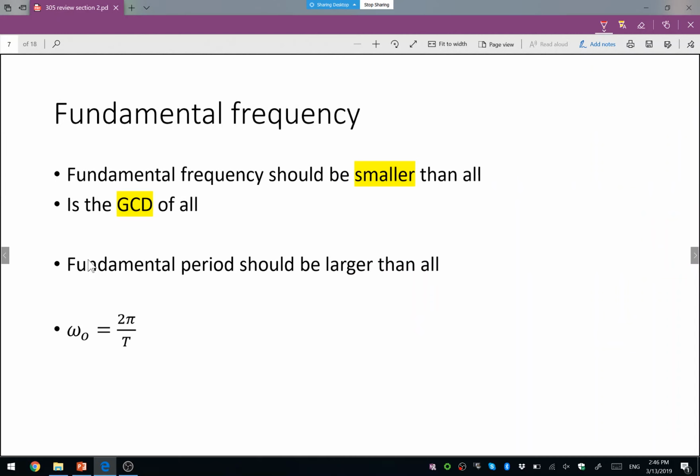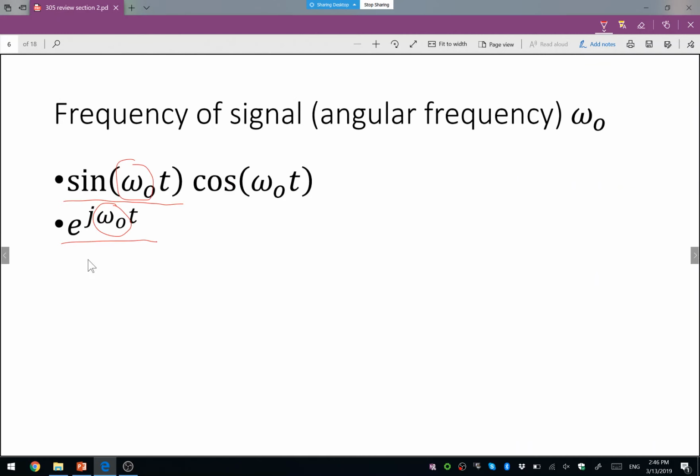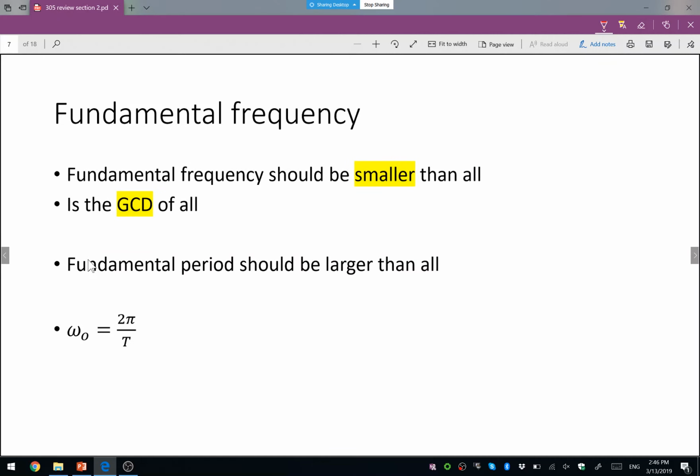And then we come to fundamental frequency. Because most of the time we don't have just one component, we have multiple components, we want to know the fundamental frequency of the system based on the frequency of each component. The way to decide this is to find the GCD of all of them, the greatest common divisor. One thing to remember is the fundamental frequency is always smaller than or equal to any of the frequencies.